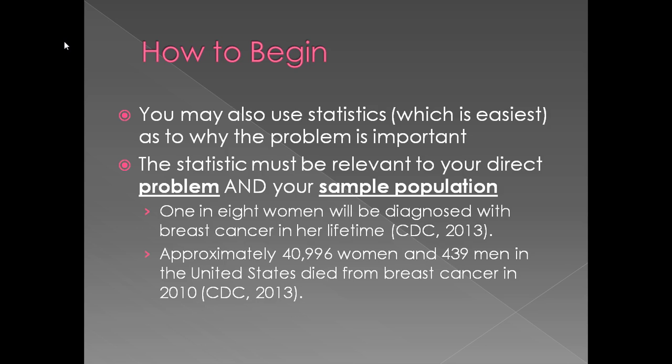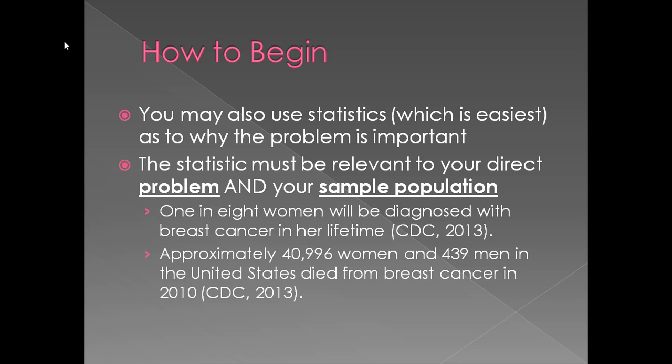It's always difficult to begin, so I like to suggest maybe using a statistic, which to me is the easiest way to begin and to demonstrate why the problem is important. Is the problem, again, increasing or decreasing, or do we have a higher incidence of deaths, right? But remember, the statistic has to support the problem, okay?